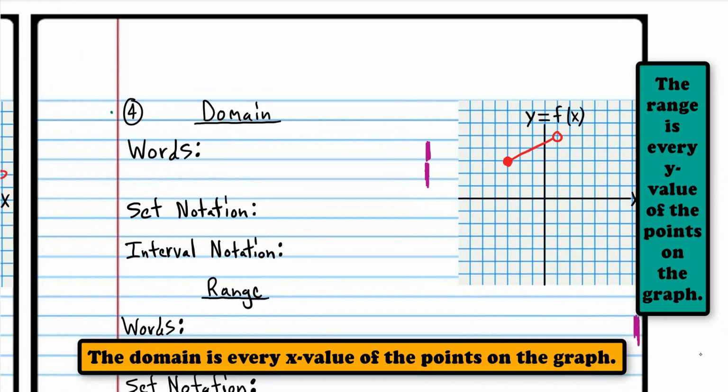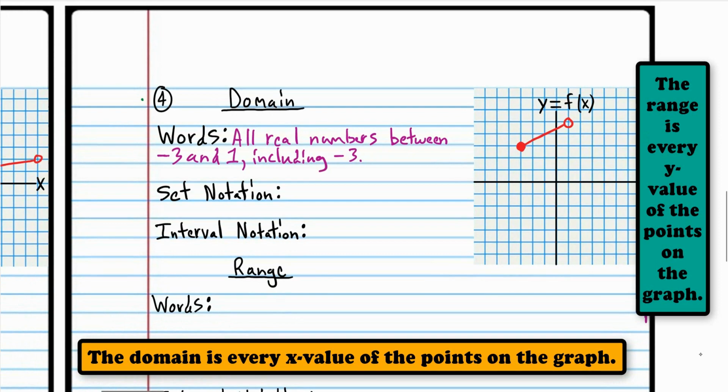The domain of the function is all real numbers between -3 and 1, including -3. So if you got that right, good job. The domain is the set of all x values such that x is between -3 and 1, including -3.